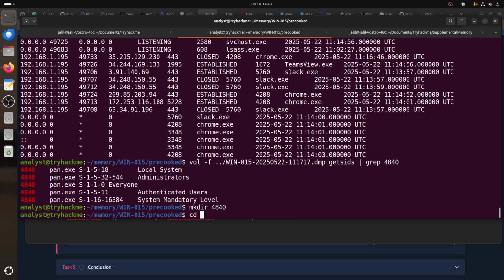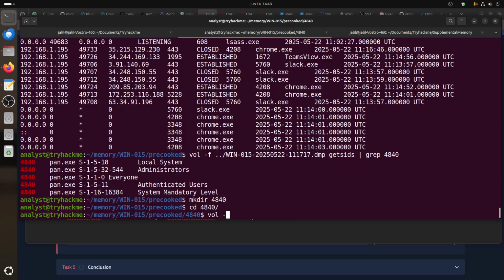Then I can do vol -f, Windows dump files with -p PID 4840.